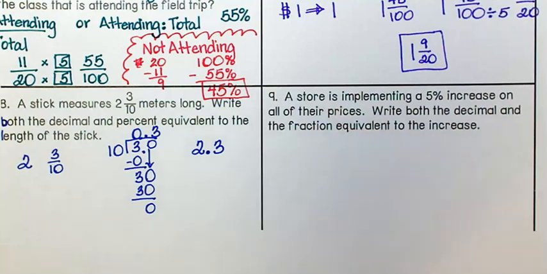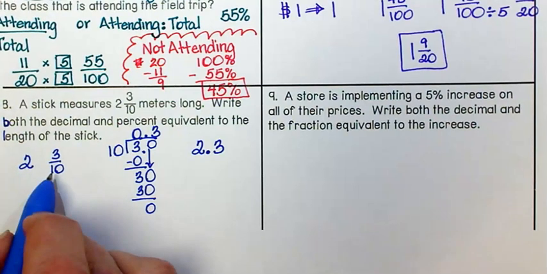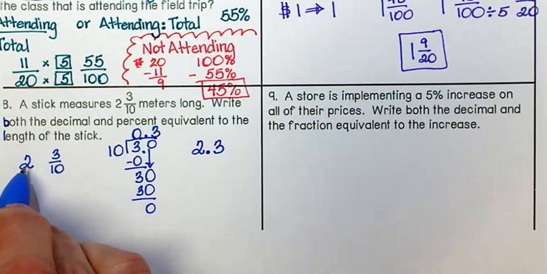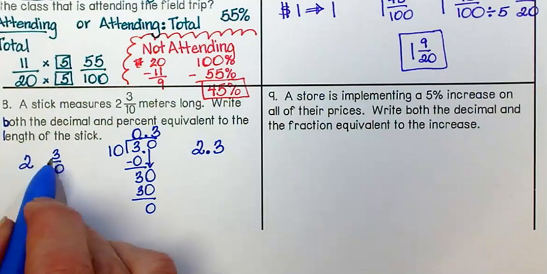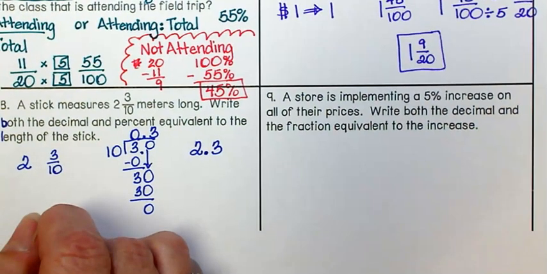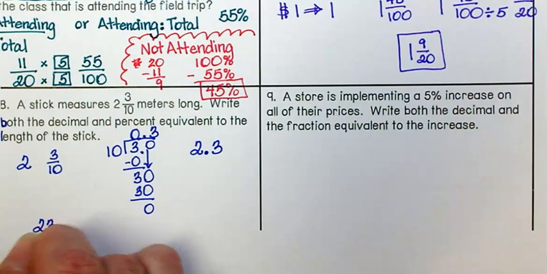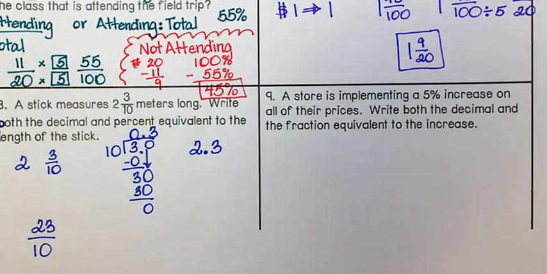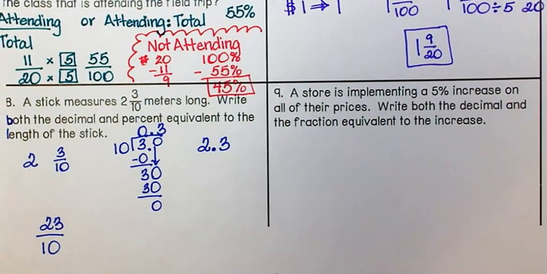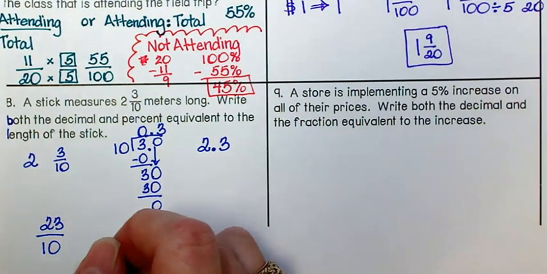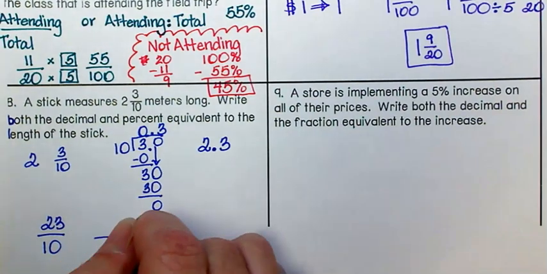Then here's what I can do to make a percent equivalent. Let's change this to an improper fraction. 10 times 2 is 20. 20 plus 3 is 23. 23 over 10. Okay? Now, remember, if we are going to do a percent, we like to have our fraction be over 100.